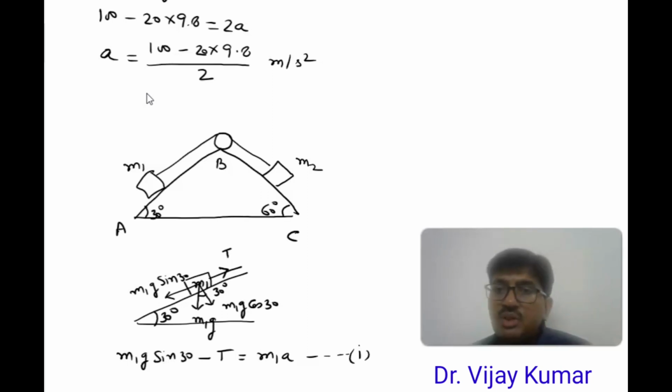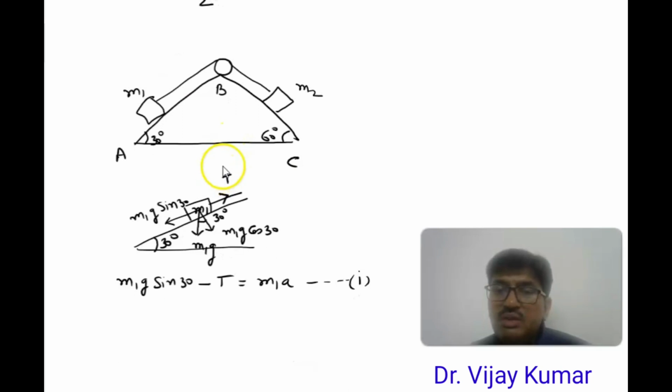And suppose we discuss the case of BC side. This was the case of side AB. Now we will discuss the case of side BC.